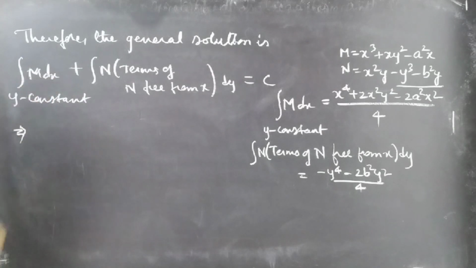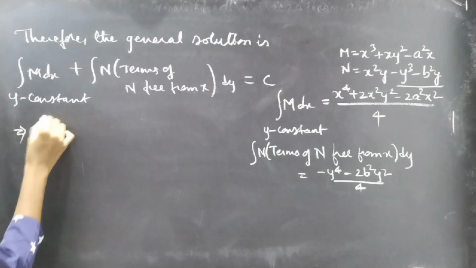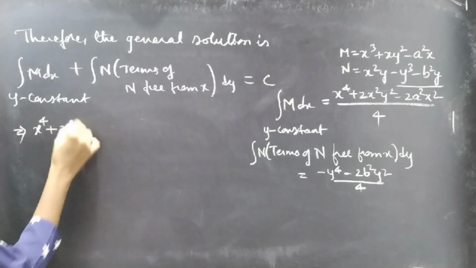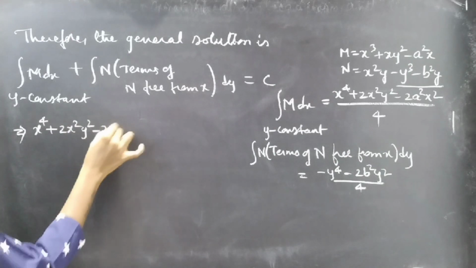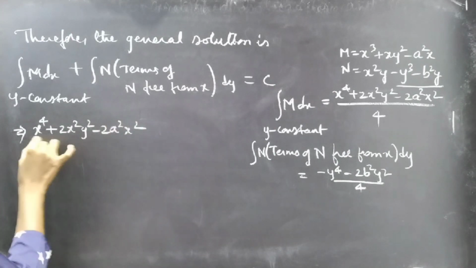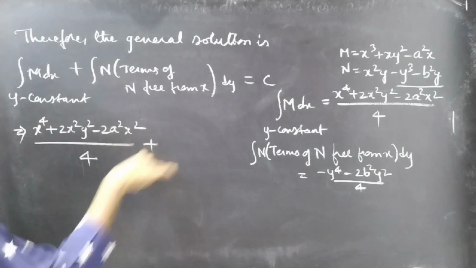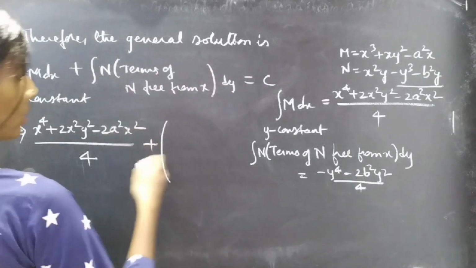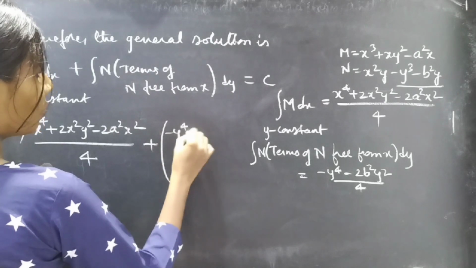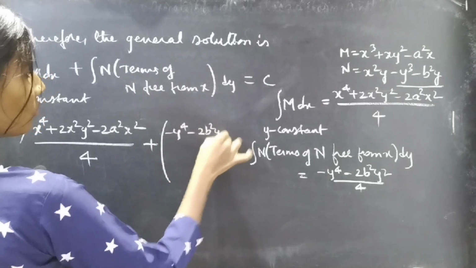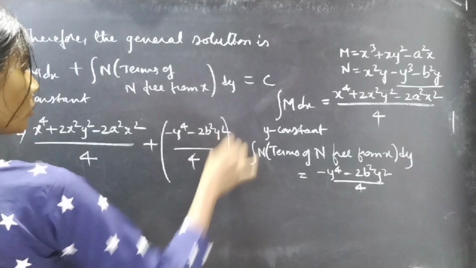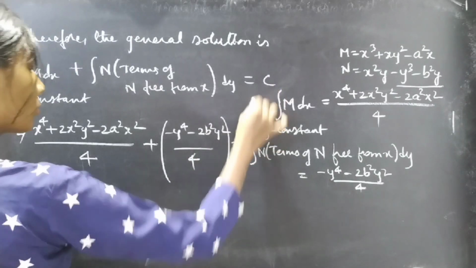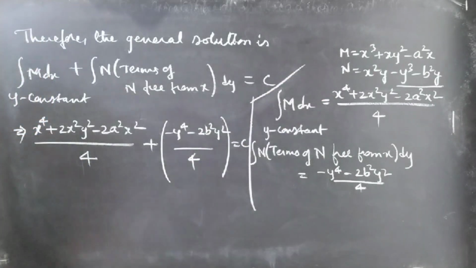So the result obtained from the first integral is x power 4 plus 2x square y square minus 2a square x square, by 4, plus the result obtained from the second integral, which is minus y power 4 minus 2b square y square, by 4, equal to c. Right?